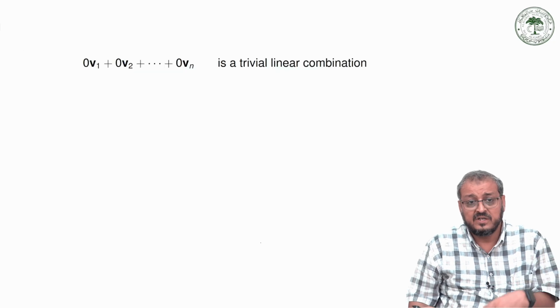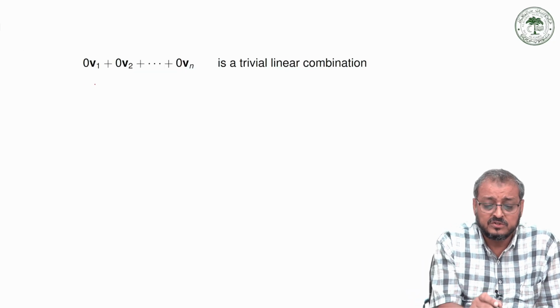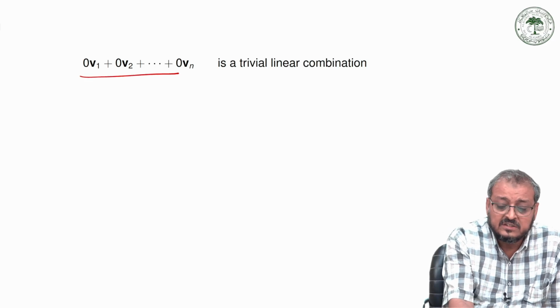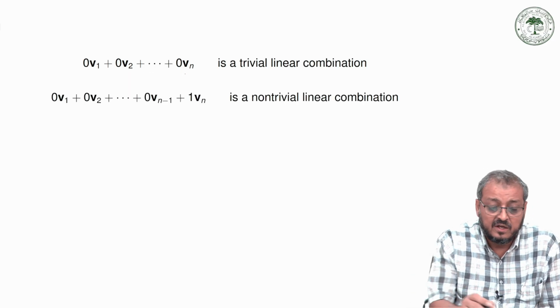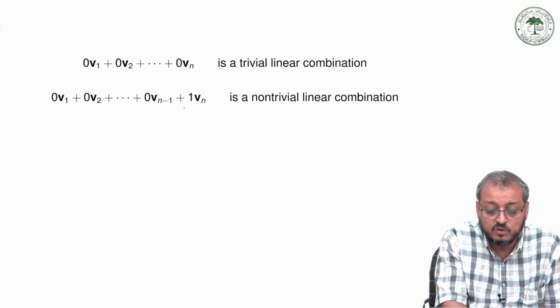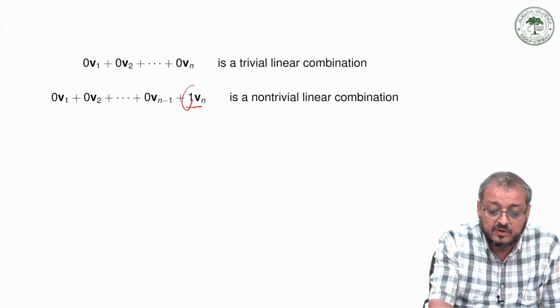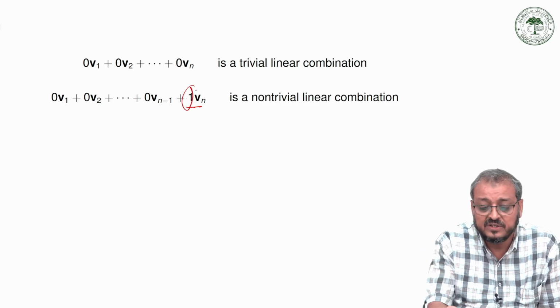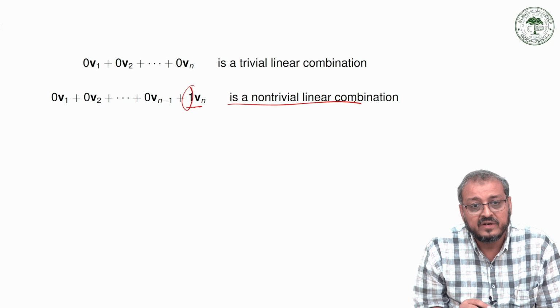For example, 0 V1 plus 0 V2 and so on up to 0 Vn is a trivial linear combination. And if we write 0 V1, 0 V2, and the last one equal to 1 into Vn, that has a non-zero coefficient, so it is a non-trivial linear combination of n vectors.